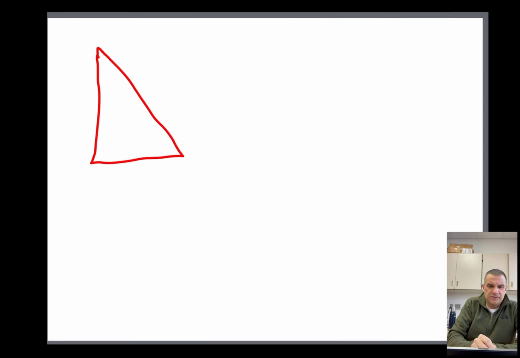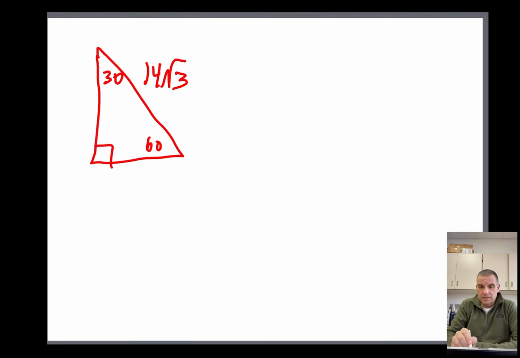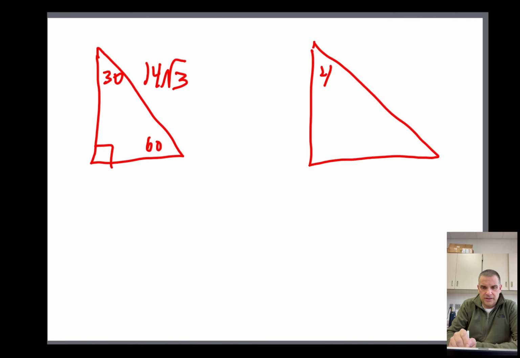I want you to go ahead and find the missing sides. So here's our 30. Here's our 60. I'm going to give you that this side is 14 radical 3. And the second one, we're going to have a 45, 45, 90.